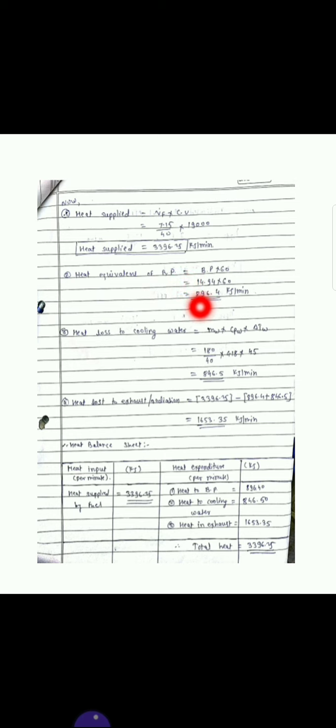We have the brake power 14.94 into 60 for converting to kilojoule per minute, because that 14.94 is in kilowatt. We have to convert this into kilojoule per minute. That's why we have multiplied by 60. So we will get the heat equivalent of brake power, 896.4 kilojoule per minute.